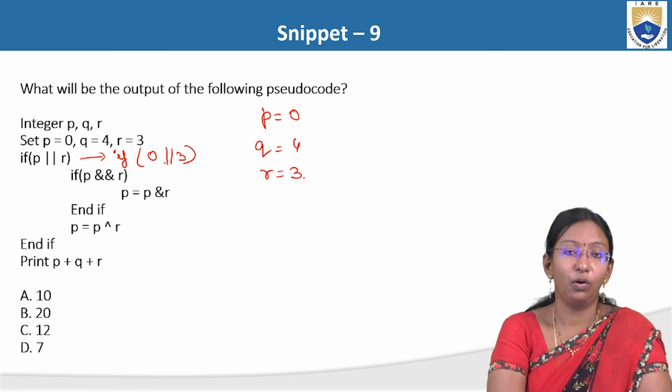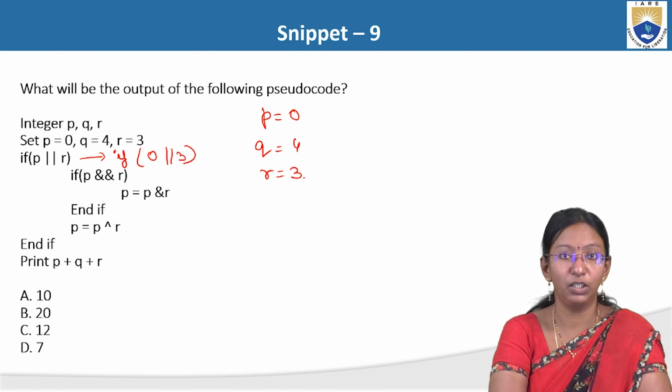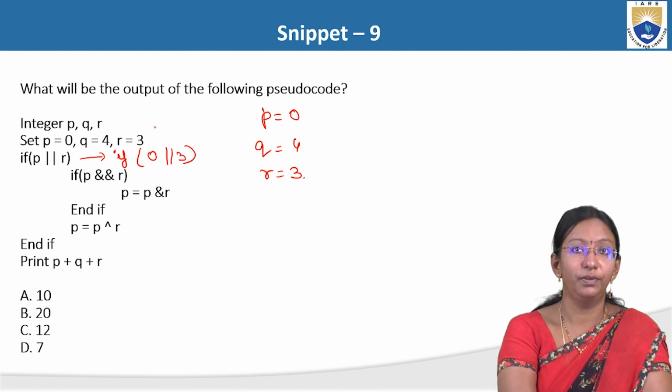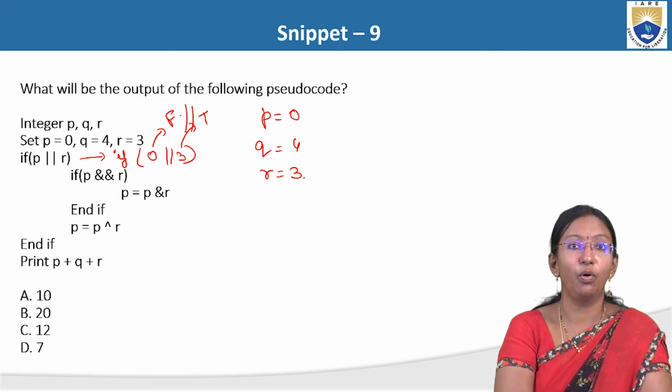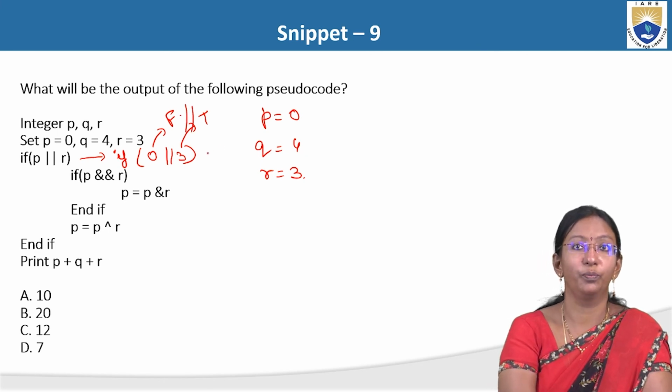What does logical OR operation say? It says that if at least one condition is true, the result will be true. So coming to the first operand, it is going to return false. The second one is going to return true. So false or true is true. So the result of this one is true.